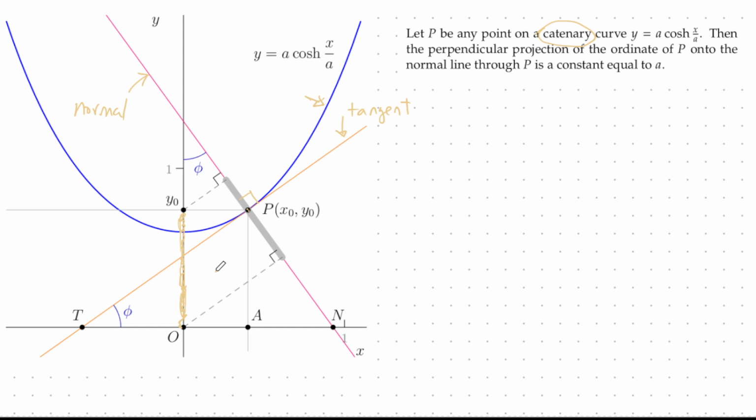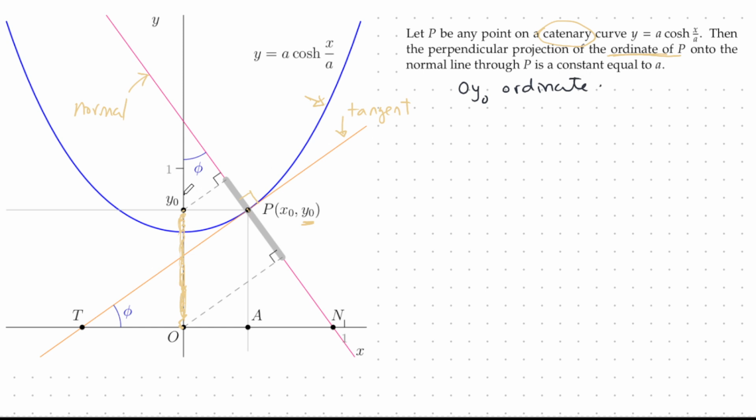But it also means something a little bit different. Coordinate is just the number y0. But the word ordinate of P means this segment here from O to y0.